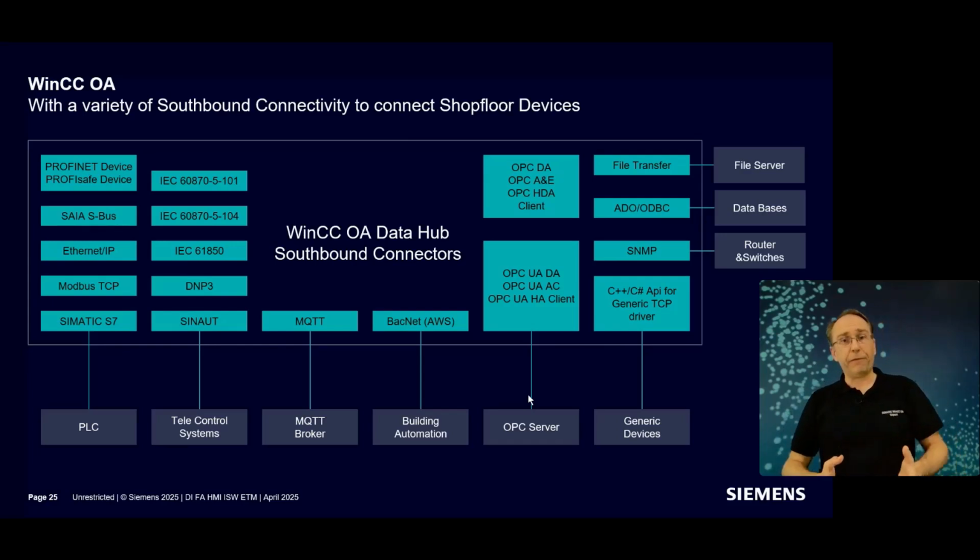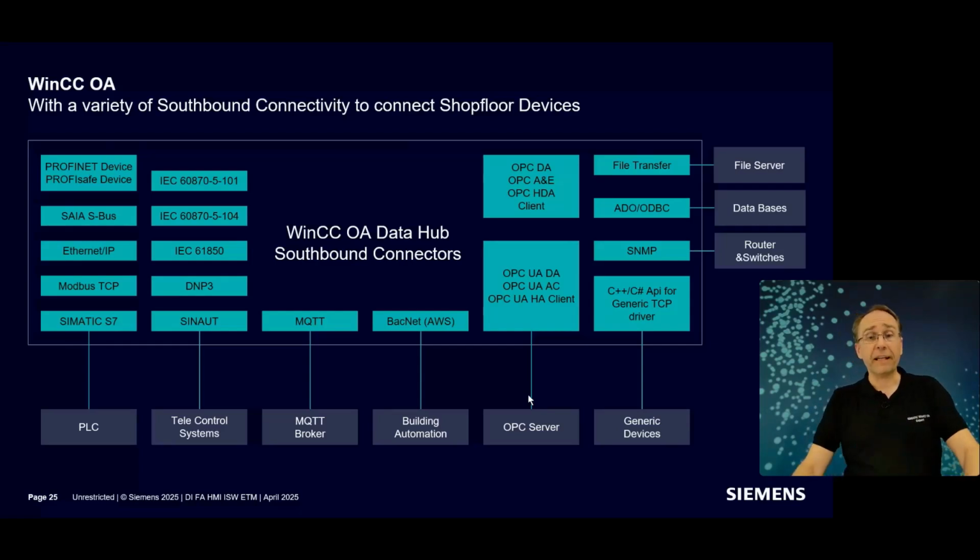MQTT as a base for connecting things from an existing broker, of course, is one thing what we have. We will also find this then at northbound interfaces for publishing data, of course. So that is primarily now the southbound interfaces to read data from these different field protocols. BACnet is the building automation standard, and we support the advanced workstation standard, of course, officially certified by the BACnet Foundation.